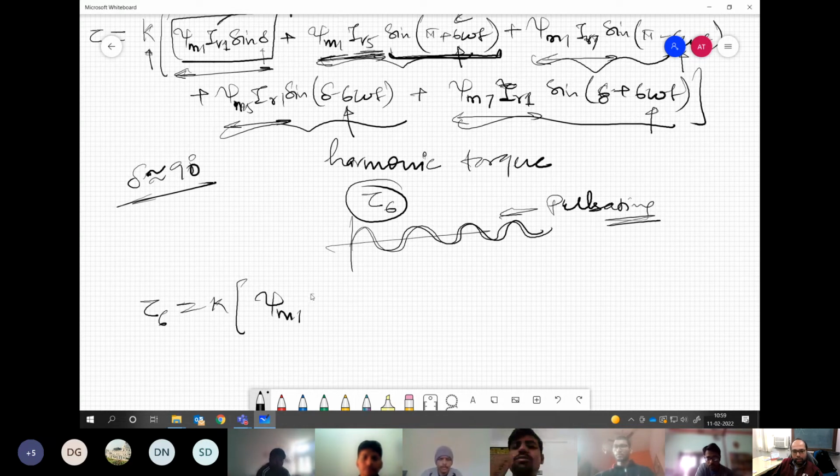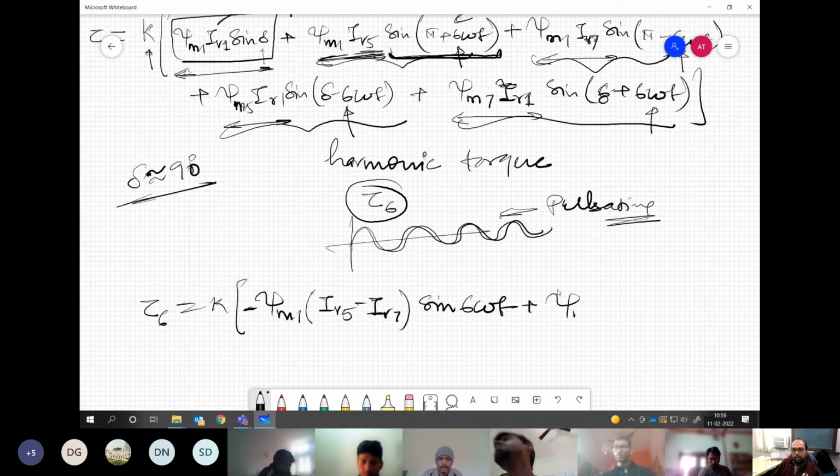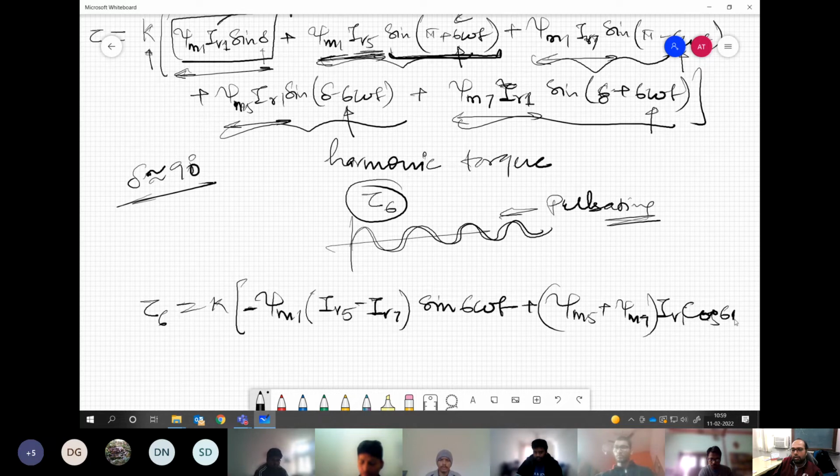So I can write the combined term (IR5 minus IR7) sine 6 omega t, plus (psi m5 plus psi m7) IR1 cos 6 omega t.